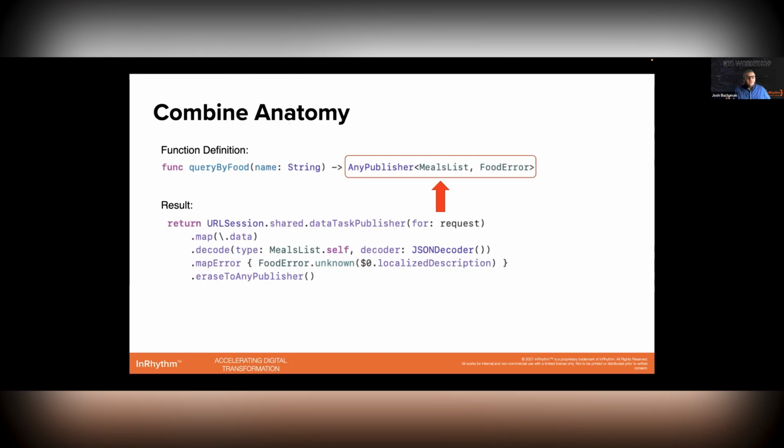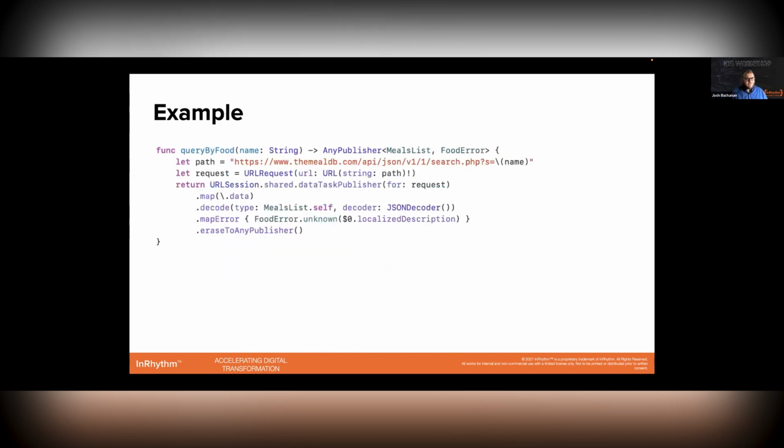So telltale signs of Combine code. You've got that AnyPublisher there at the end of the function definition, as well as, down here at the bottom, what I like to call the Combine magic: the .map, the .decode, the .mapError, .eraseToAnyPublisher. So you can see same pattern here. We're taking that URL, we're creating the URL session, passing in the request.